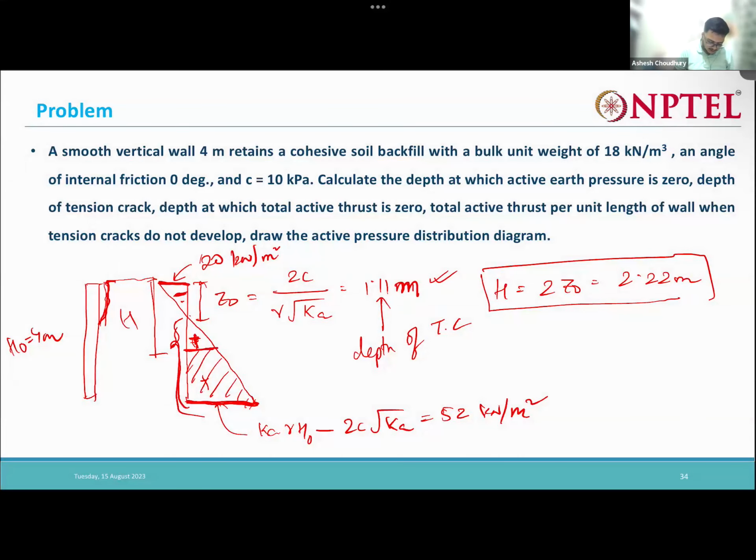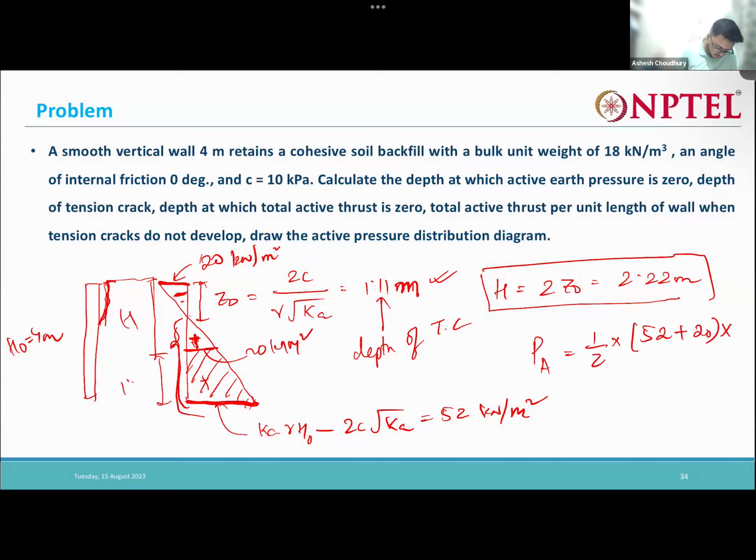Now if we take the area of this trapezium, we will get the Pa. So the total thrust is nothing but the area of this trapezium: (52 plus 20) by 2 into this length, which is 4 minus 2.2, that is 1.78. So we'll get Pa as 64.08. Done.